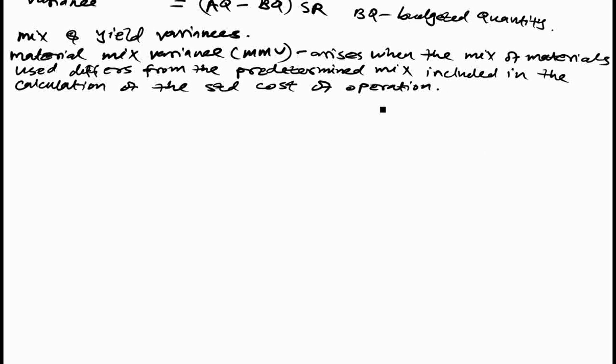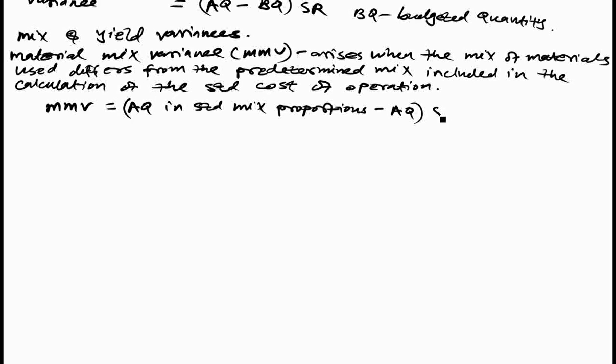Good. So what is the formula? Material mix variance equals actual quantity in standard mix proportions minus actual quantity, into standard price.